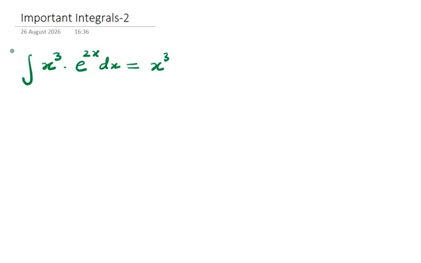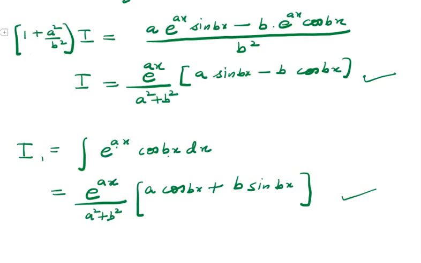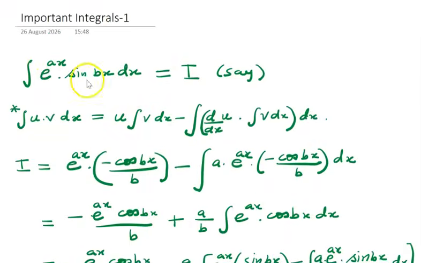This selection is very important, which one is your first and which one is your second, like here, this u and this v. Your v should be that function whose integration is known to you, or you can integrate that function. And your u should be the function whose derivative is known to you, or whose derivative will make this integral simpler and solvable. That is how you choose your u and v.